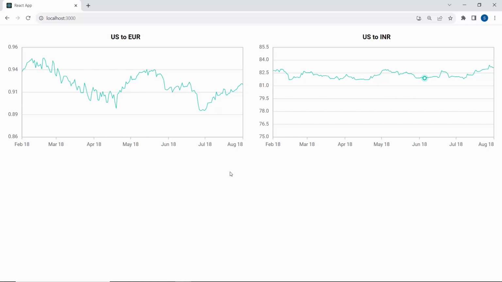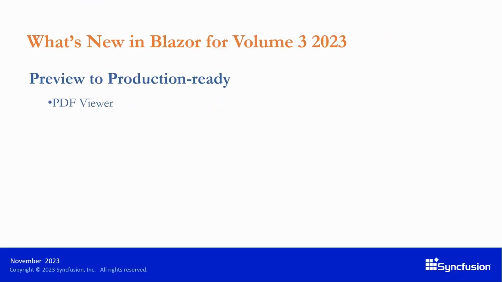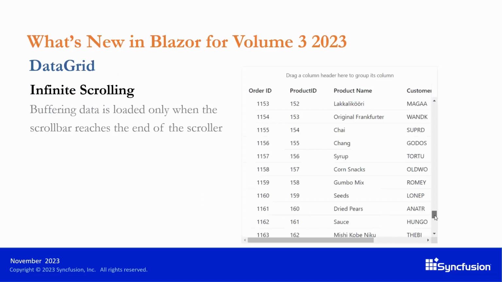And now let's move on to the new updates introduced in the Blazor and EJ2 components. In the Blazor platform, we have officially moved the PDF viewer component from preview to production ready state. Then, the Data Grid component now includes an infinite scrolling feature so that it loads buffering data when the scroll bar reaches the end of the scroller.